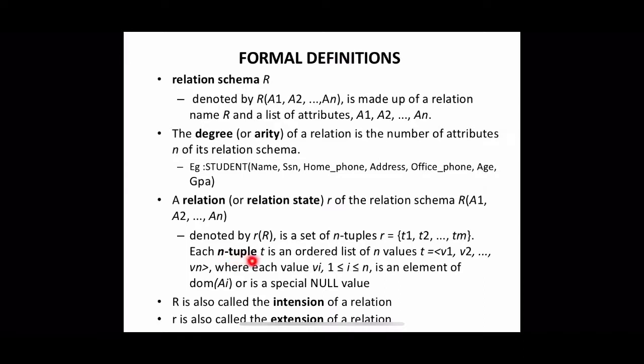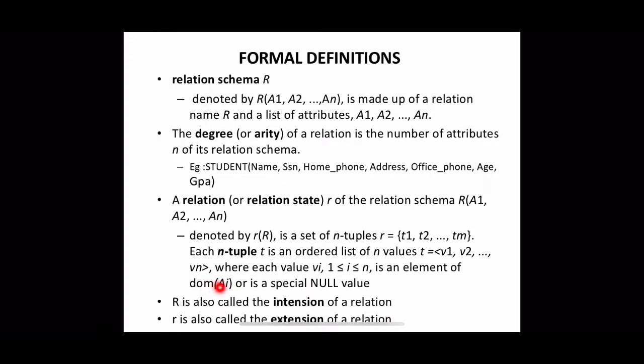Each n-tuple t is an ordered list of n values, where n is the number of attributes. We can denote each tuple as a set of values v1, v2, etc. up to vn, where each value vi will be an element of the domain of Ai. That is, any value within the possible range of values denoted by the domain of that corresponding attribute.